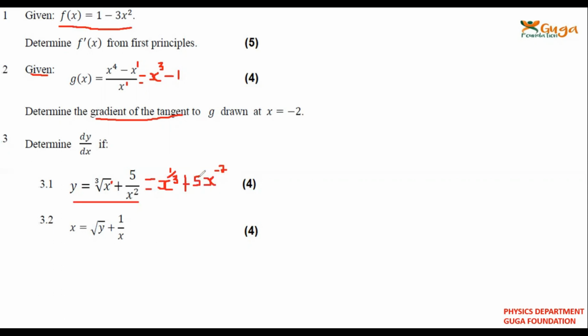So with respect to x, it will be dy over dx. This will equal to 1/3, power down is 1/3, power up it will be x to the power 1/3 minus 1, right?